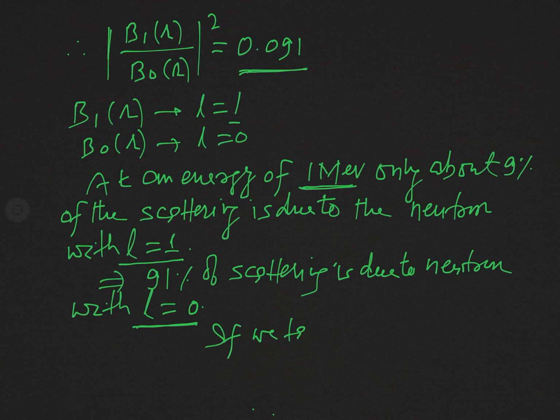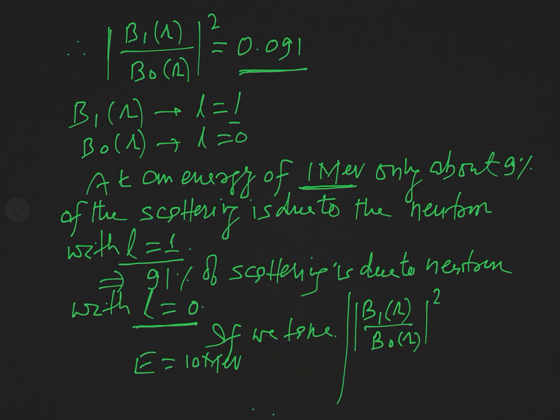So if we take E equal to 10 MeV, even in that condition, making the same calculation as I have discussed above, we will find that the mod square of B1 of R over B0 of R will be almost equal to 0.49.